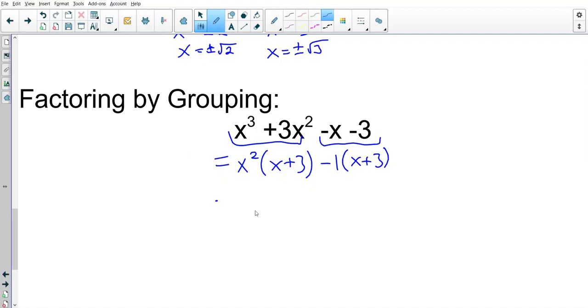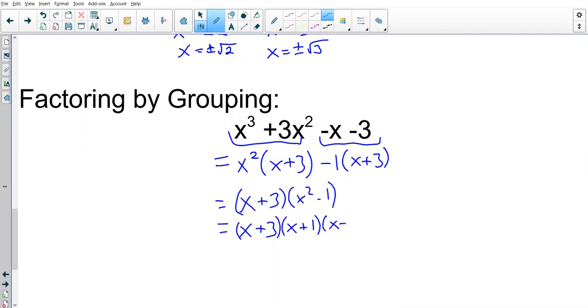And so I pull out that common factor of x plus 3, and then I have x squared minus 1. And I can further factor that cubic. So I can get a beautifully factored cubic at this place by recognizing that I have the difference of perfect squares there in my x squared minus 1, and there's my fully factored cubic.